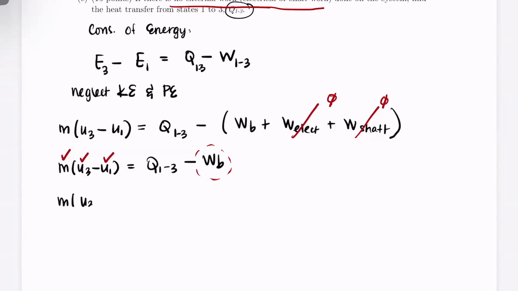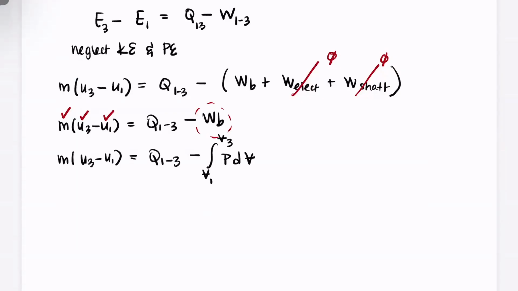I am going to put in our definition for boundary work, which is that boundary work is the integral from some starting volume to some final volume. So I'll go from 1 to 3, P dV.